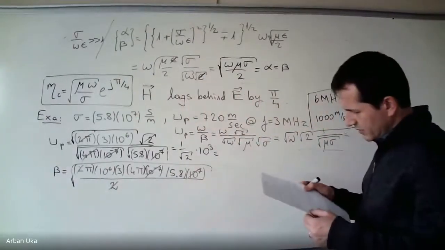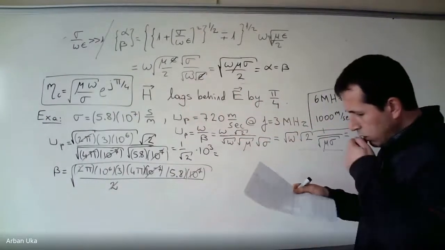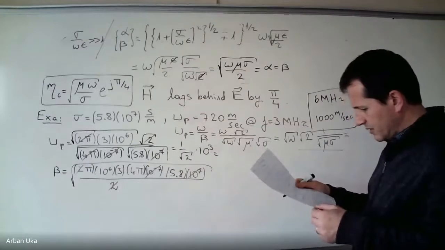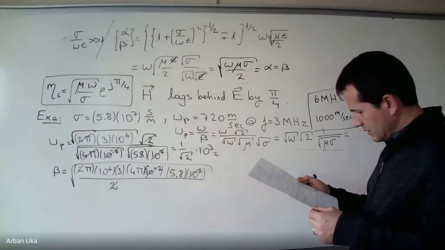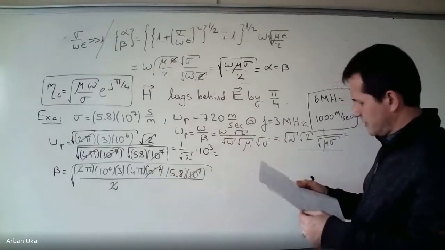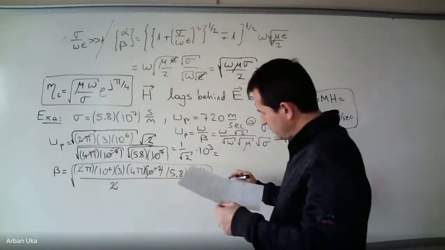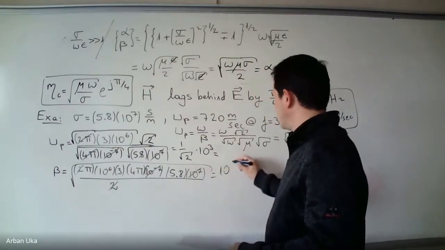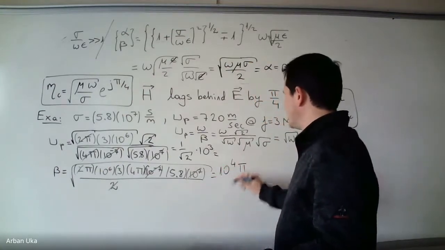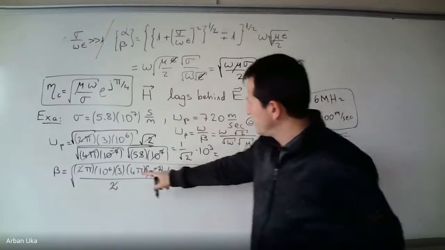Let me see if I have the numbers. Actually, I don't have a number here, but it's around 10 to the power 4 times pi, approximately. Let's check, because here we have pi squared.